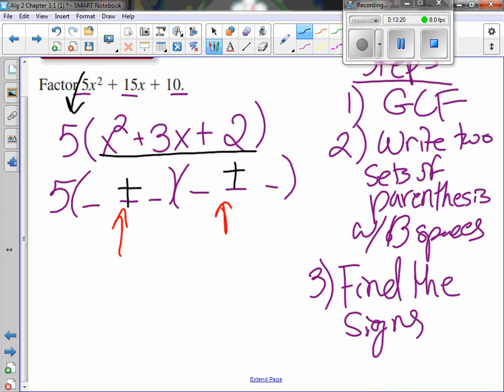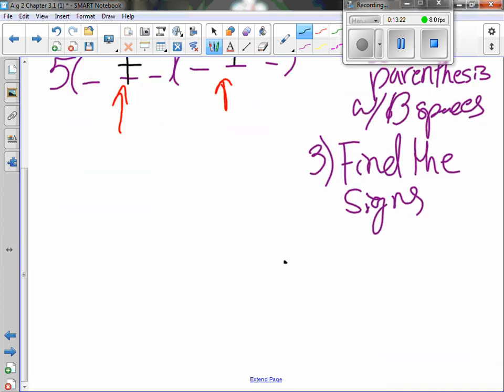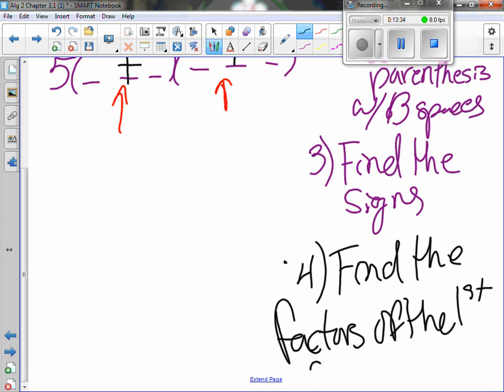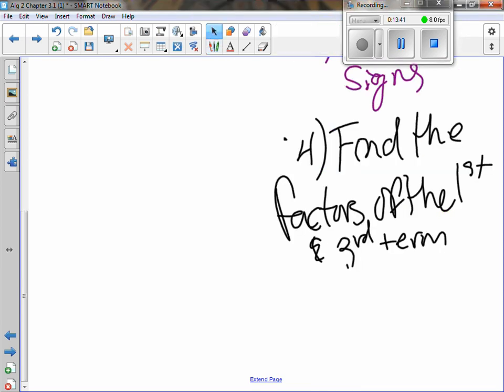Now that brings us to step number 4. Find the factors of the first and third term. So what we're going to do next is find the factors of the first and third term.